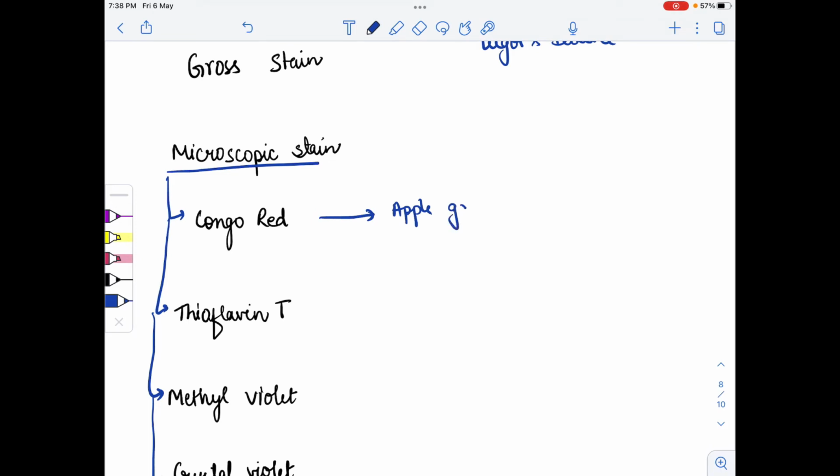So please remember, in Congo red we see apple green birefringence on polarizing microscopy.